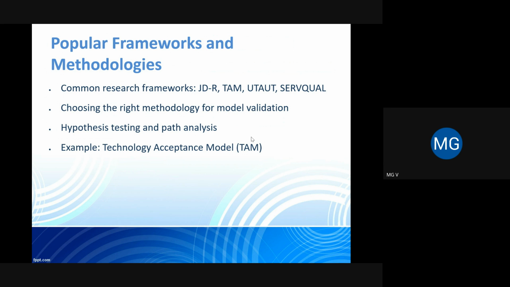Methodologies such as structural equation modeling (SEM) help validate models through hypothesis testing and path analysis. Choosing the right methodology depends on research objectives and data availability. For example, TAM is useful in predicting consumer acceptance of new technology, employing perceived usefulness and ease of use as key constructs.